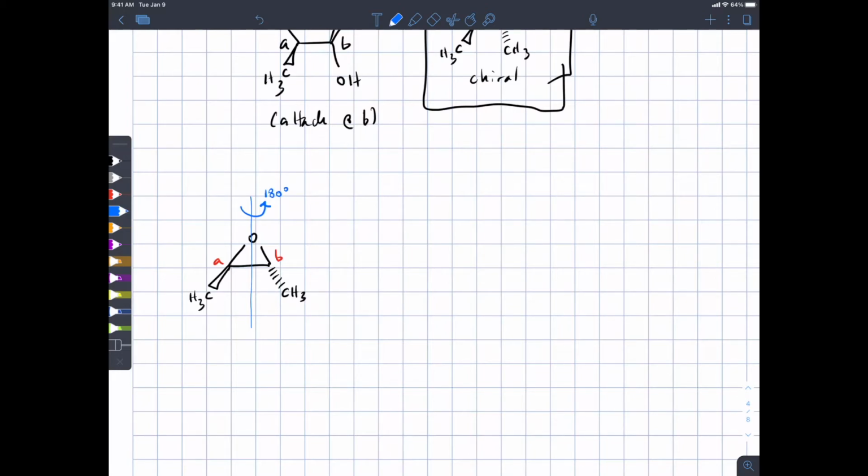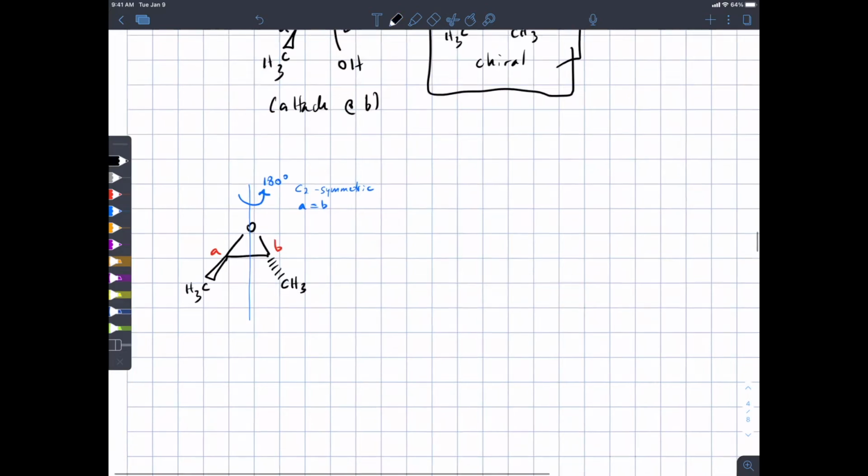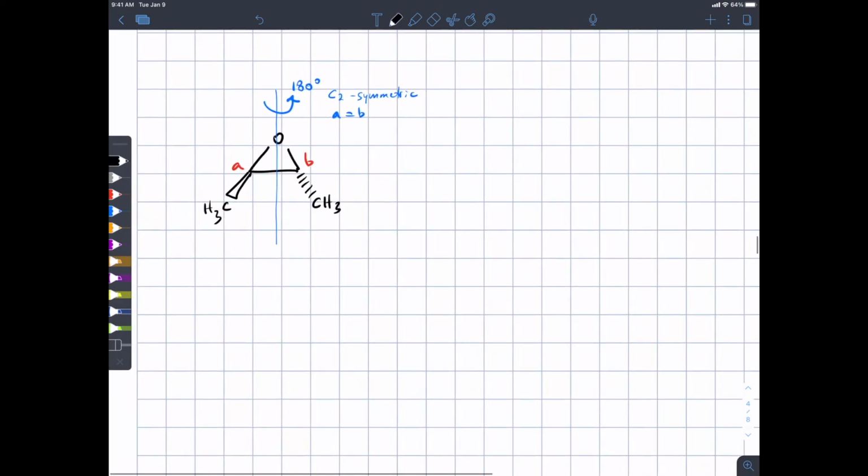This molecule is what we call C2 symmetric. That's a term you can promptly forget, but I might use again. And A equals B. So we can assume that as above, a nucleophile will attack A at the exact same frequency as it attacks B, and that we'll get the same product from attack at A or B.